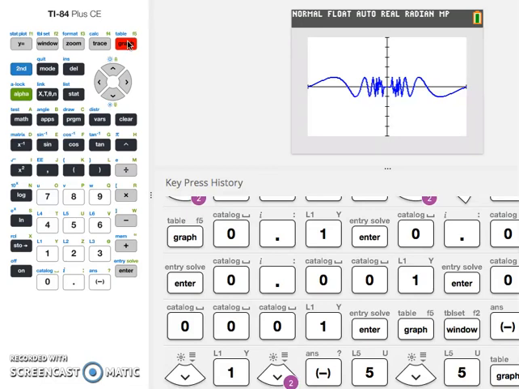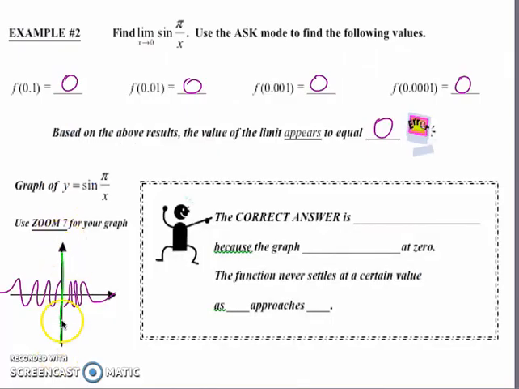Okay, but the problem is when it actually gets to where 0 is, which is right here, right? The function doesn't settle on a certain value. And so that's the problem, right? When we get to 0 right there in the middle, sorry, I had it on the wrong screen, the function doesn't settle at a certain value.